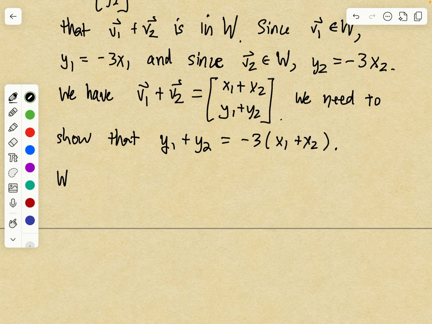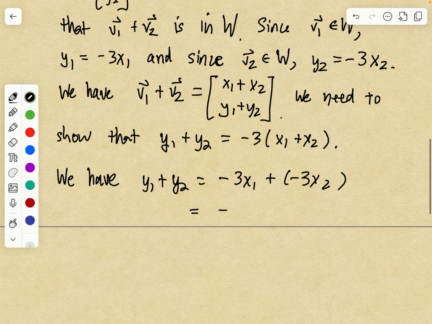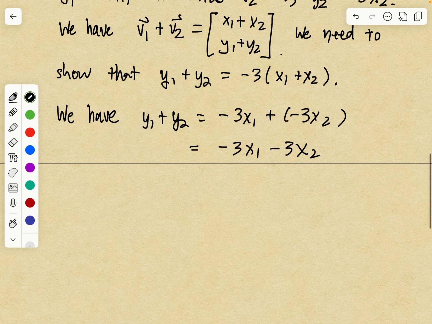So we have y1 plus y2 is equal to -3x1 plus -3x2. I didn't even need to do that. I could just already pull out the -3 out here already. So this is going to be -3 times (x1 plus x2).